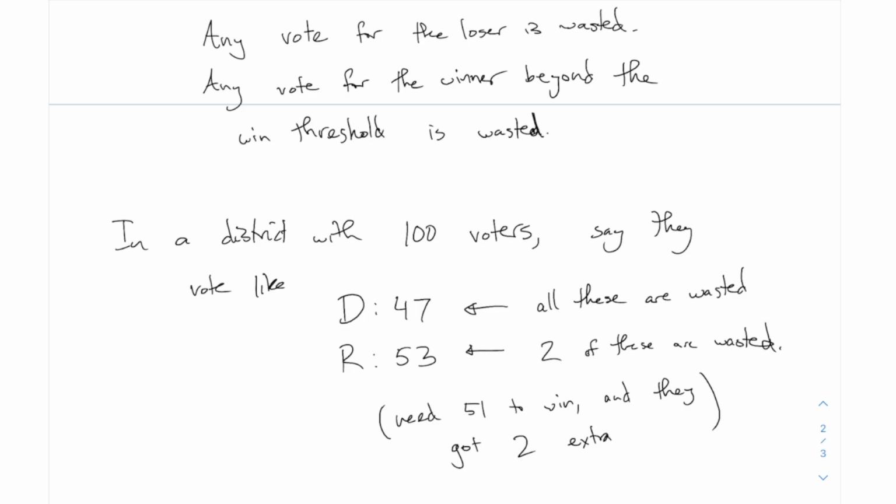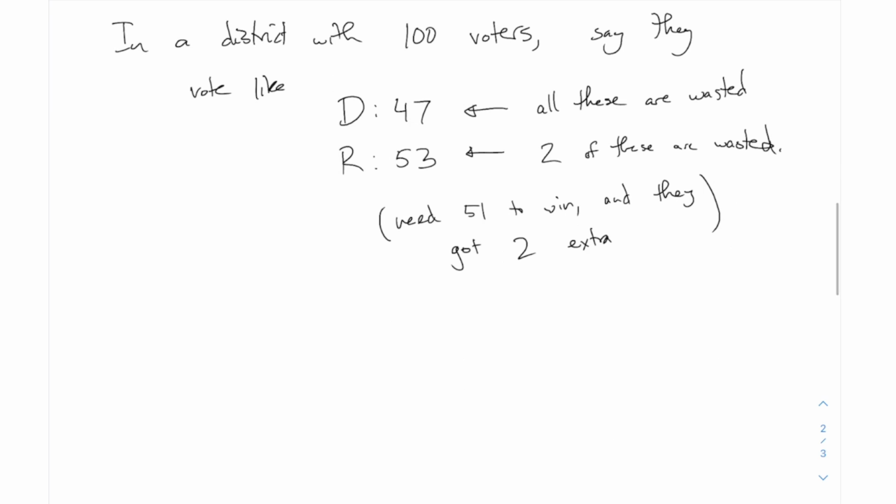But check it out. What if it's more like, let's say the Democrats voted something like 97% and the Republicans voted 3%. This is like one of those deep blue packed districts. What are the wasted votes in this case? In this case, the Democrat will win, and so the Republicans are the losers here.